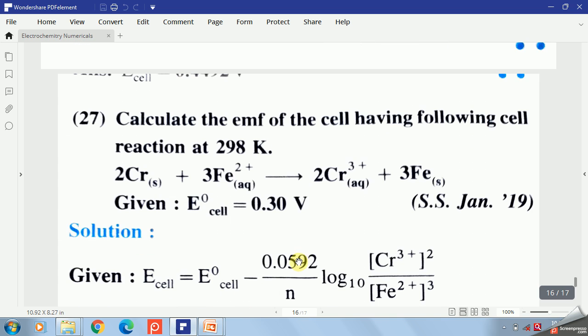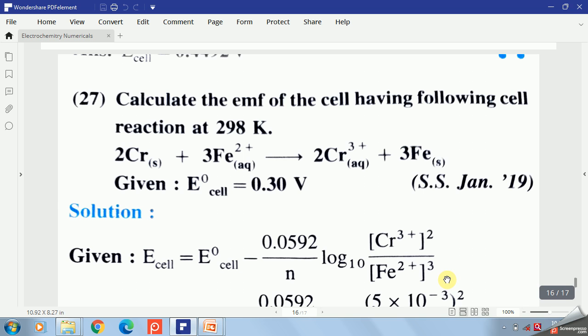So E cell is E0 cell minus 0.0592 divided by n into log of concentration of Cr3+ raised to 2, because 2 moles of Cr3+ are produced, into concentration of Fe solid raised to 3, but the concentration of Fe is 1 because it is in solid state, divided by concentration of Fe2+ raised to power 3, into concentration of Cr solid raised to 2, but the concentration of Cr is 1 because it is in solid state. So don't write those here because they are solids.